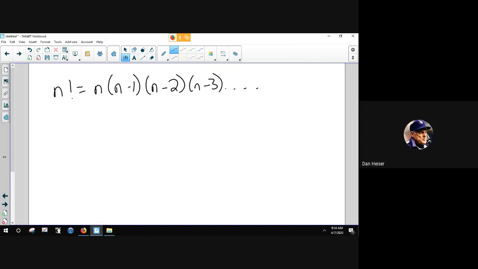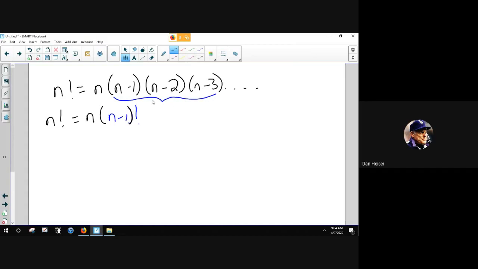I can also express n factorial as n times this factorial. And the way I would write that would be n minus 1 factorial. Here I have n minus 1, n minus 2, n minus 3, and so on.